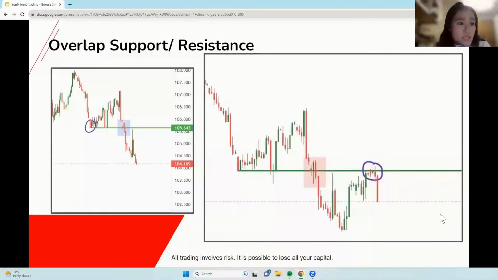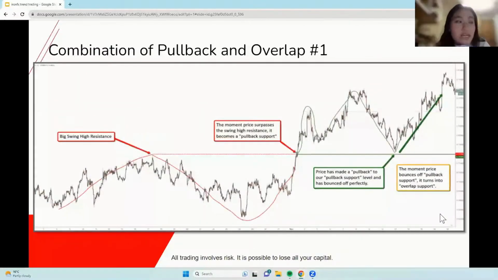Okay, next slide. So now we're looking at a combination of the pullback and overlap levels. So here we have a big swing high resistance level, as you can see here at the first red arrow. And then it becomes a pullback support where we expect price to pull back or retrace to this level once it has passed that swing high resistance.